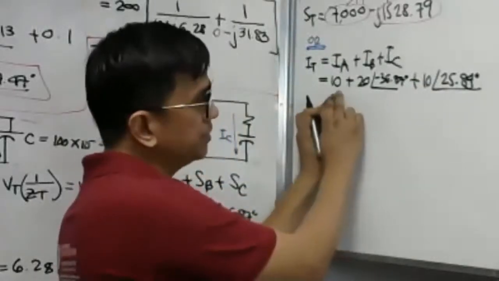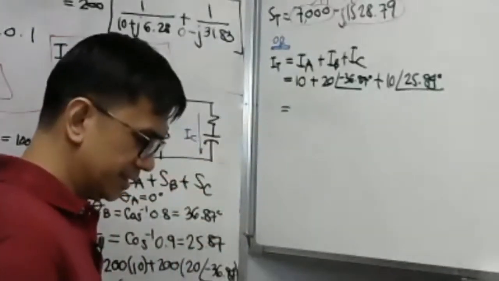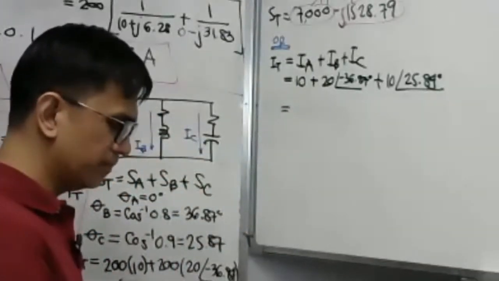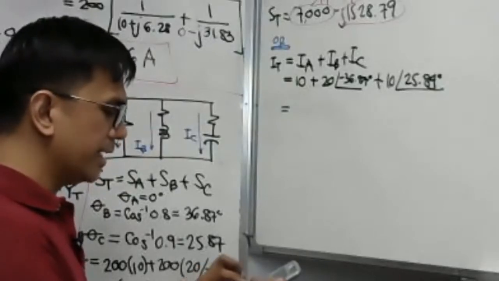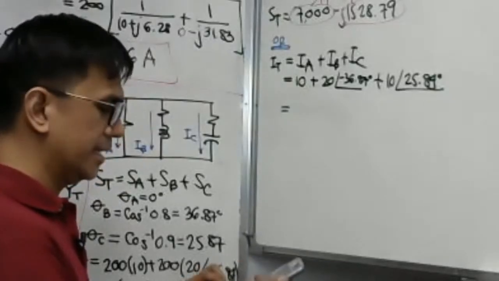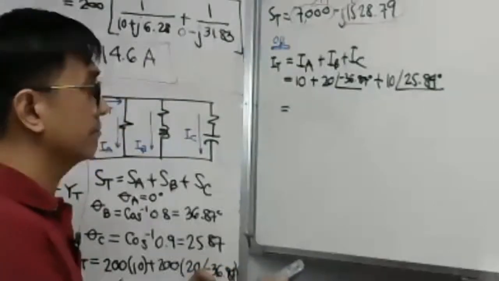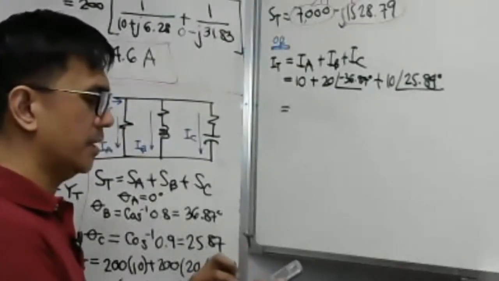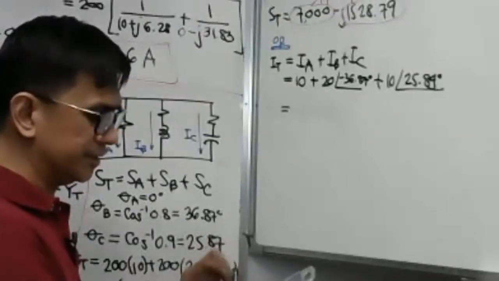When you input this in your calculator, sa dulo niya, shift 3. Naka-mode 2 na kayo, complex na tayo. 10 plus 20 bar angle negative 36.87, plus 10 shift bar angle 25.84. That's positive because that is capacitive.